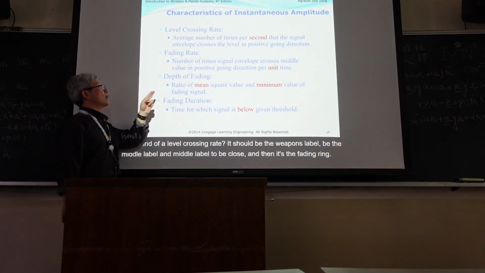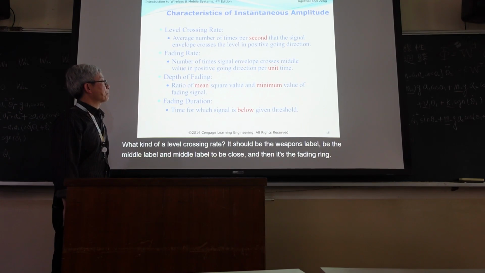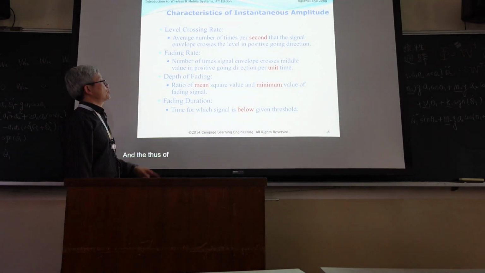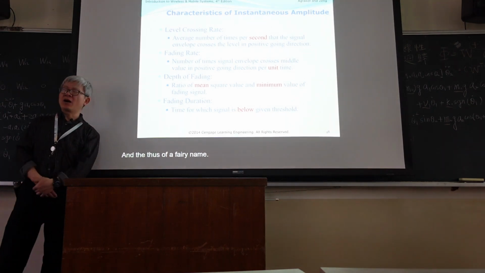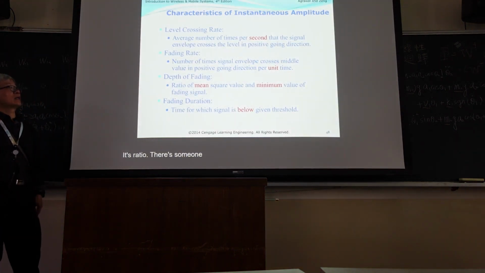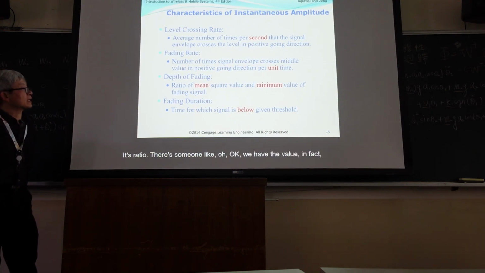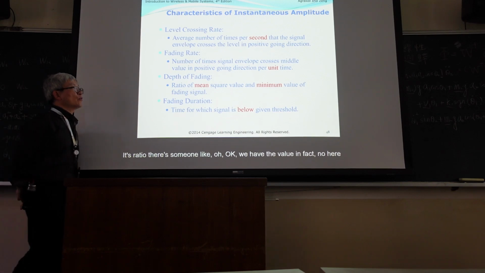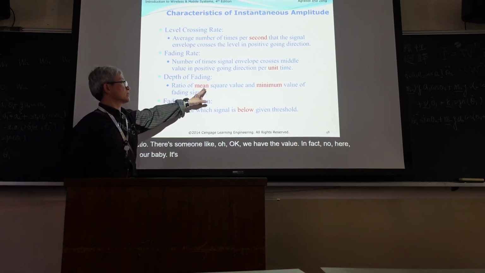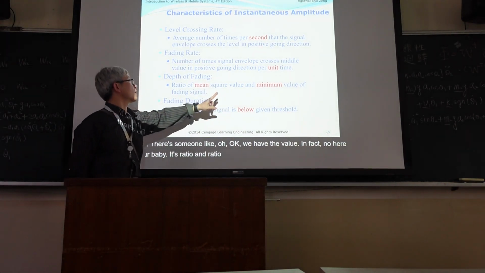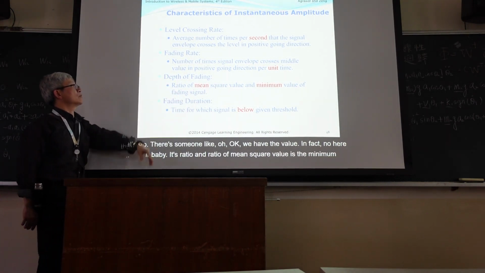And the depth of fading, then, is a ratio. No, here, depth of fading is a ratio of the mean square value and the minimum value of the fading signal.